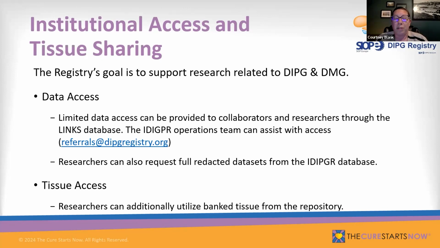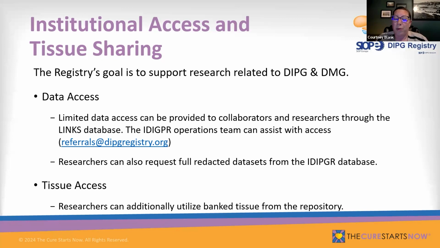If researchers want a fuller set of data for a project, they'd have to submit a project proposal, which is then reviewed by our study chairs as well as our scientific advisory committee to make sure the request is appropriate. All data that is collected and sent out for researchers to review is de-identified.